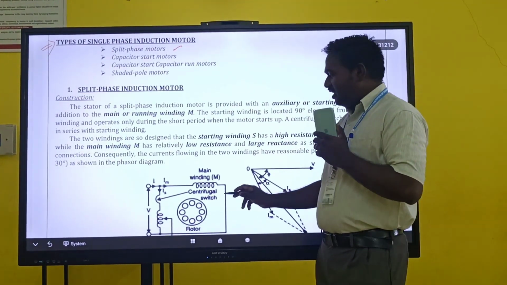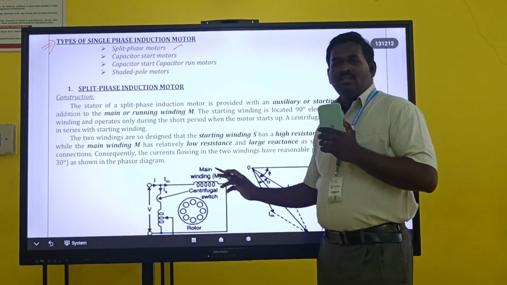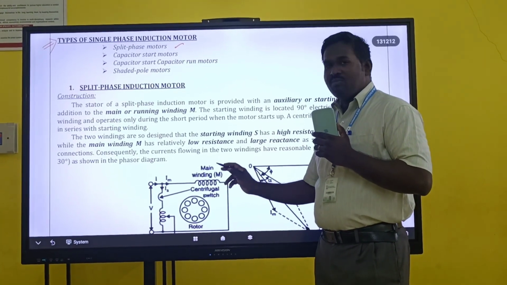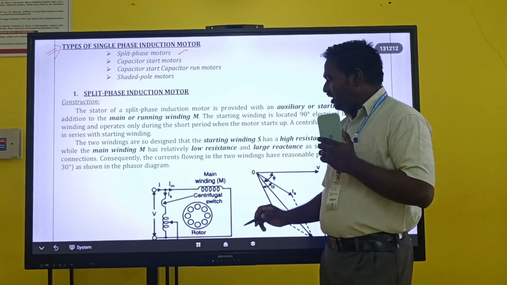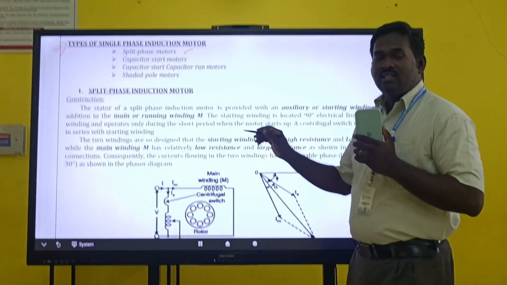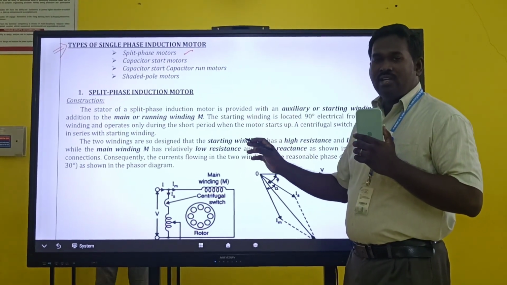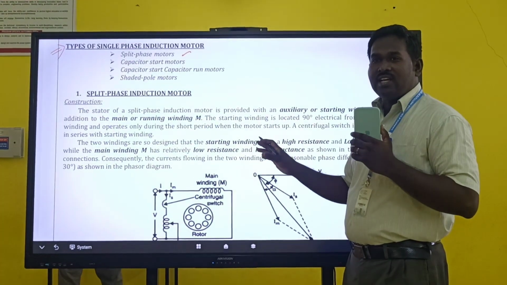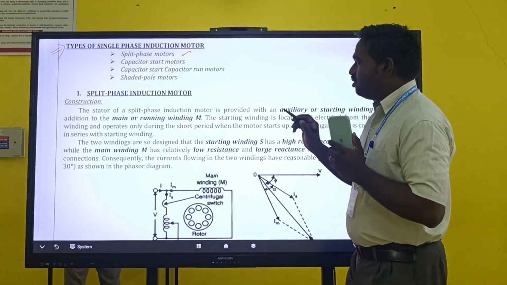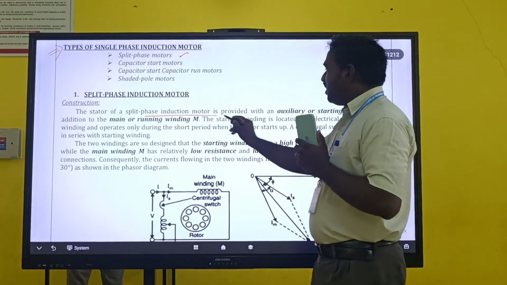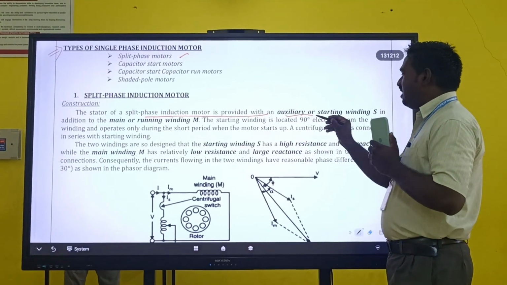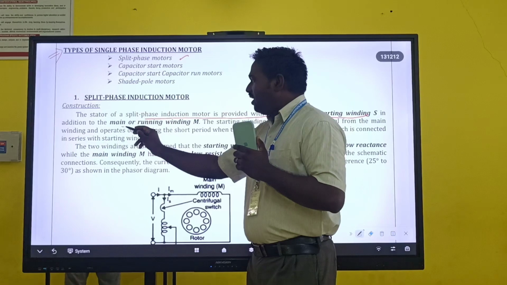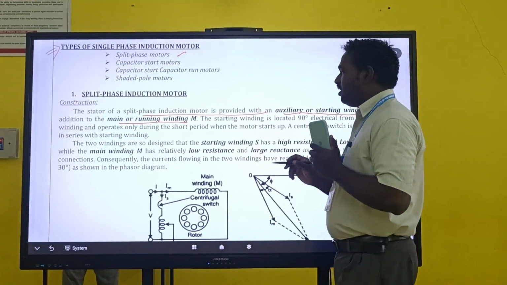As you see here in the given diagram, we have rotor and stator. In the stator we have main winding and starting winding. Based upon the properties of these two windings only, the motor starts to rotate. So let us see what the characteristics of these two windings are. A split phase induction motor is provided with an auxiliary or starting winding in addition to the main winding or running winding.